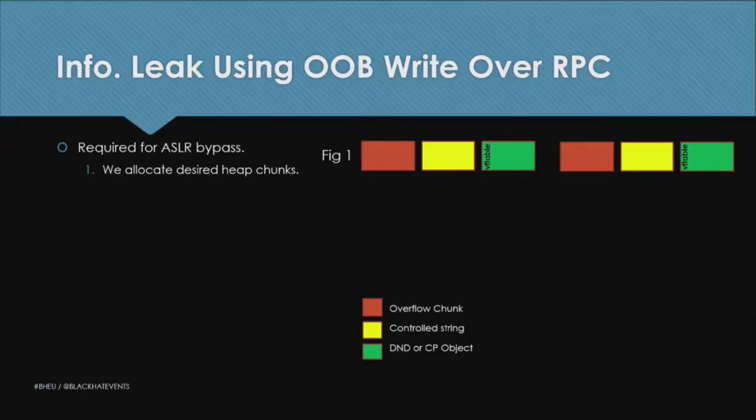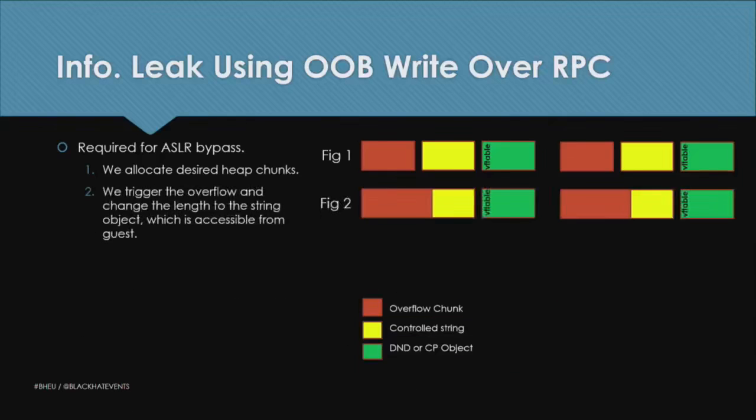The interesting thing about the control string is that from the guest operating system you have read and write access to that block, and after that we have a DNDCP object. Once we trigger the overflow, we overwrite some of the initial bytes of the next adjacent heap block, which is the control string. And we actually modify the length of the string.